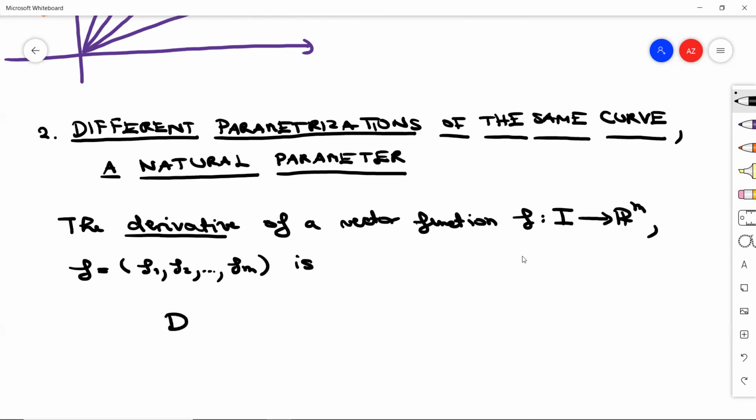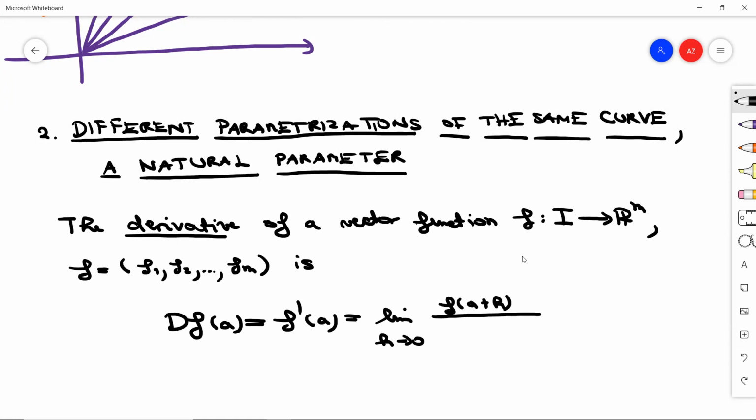So df in the point a, also f prime in the point a, is the limit of the difference quotient. When h goes to 0, we're measuring the difference f of a plus h minus f of a over h. So this is the derivative of a vector function.